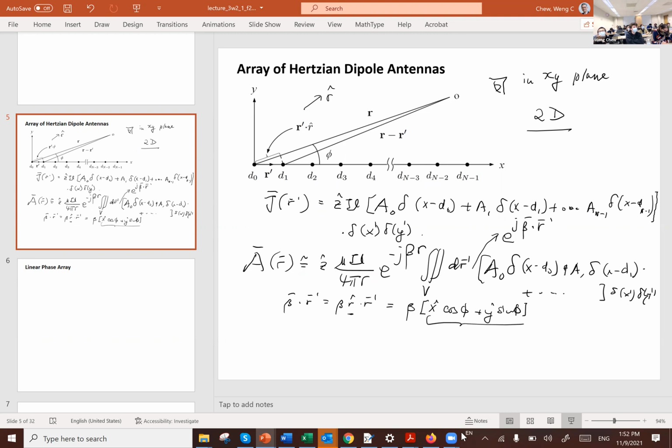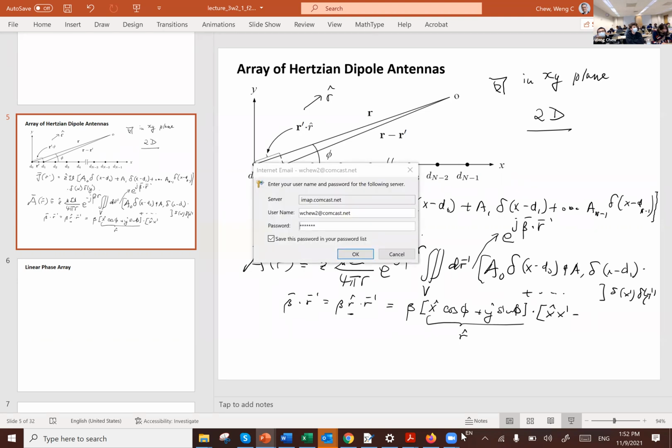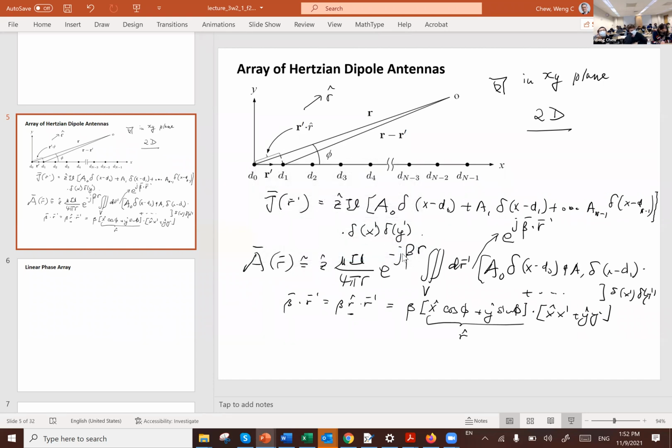This would be my r hat, dotted with r prime, which is x prime plus y prime. You can work that out, and that is quite simple. And then you would take the dot product.